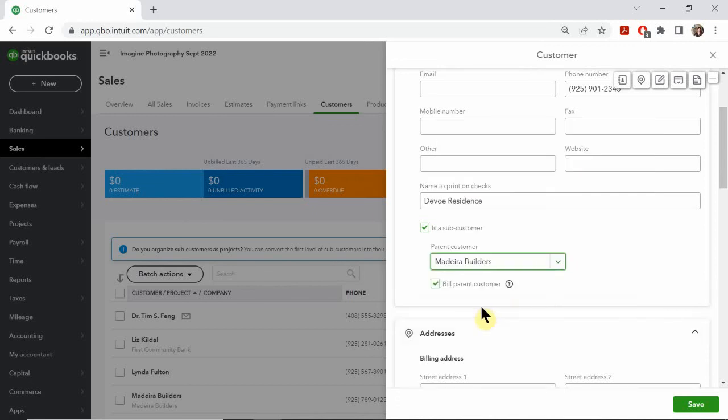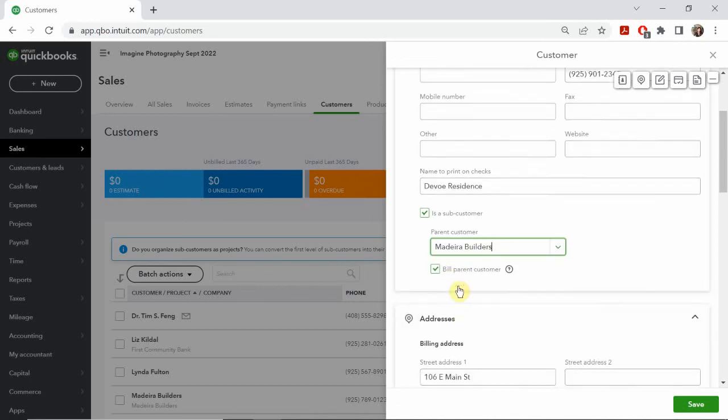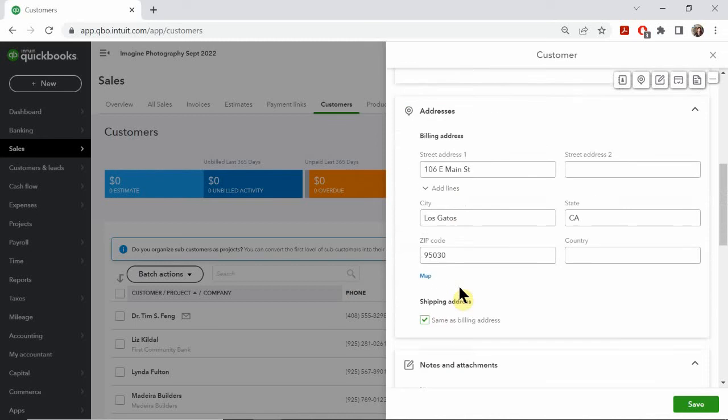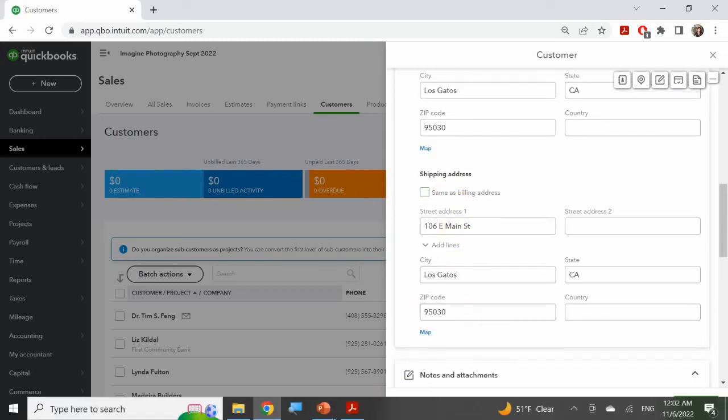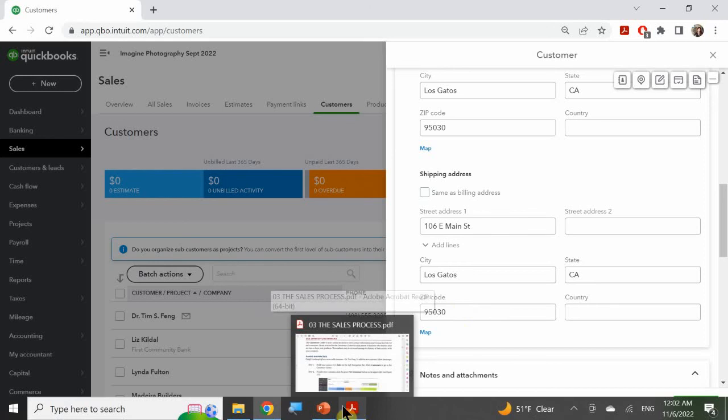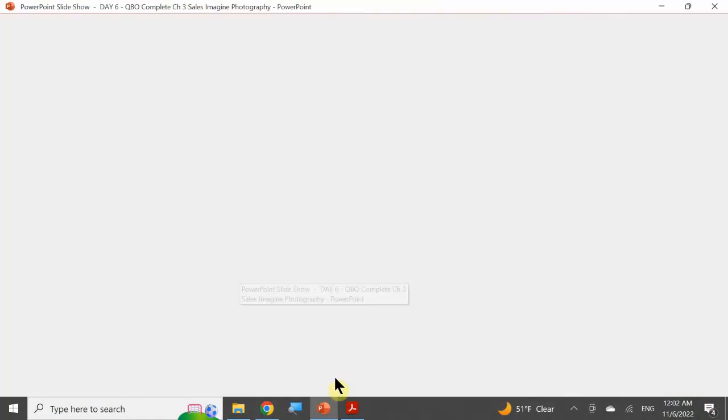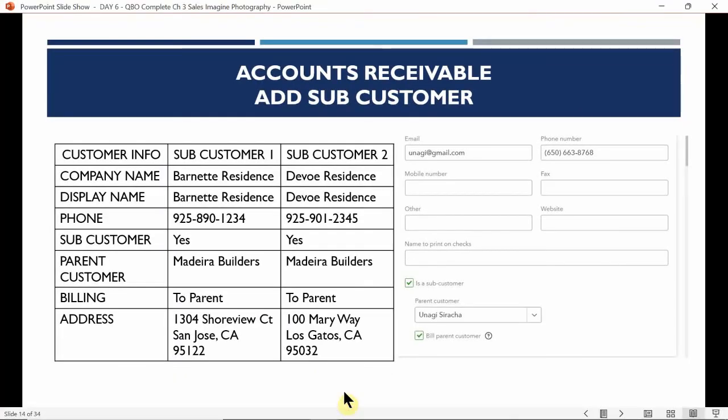And you're going to bill them. Yes. So here's your billing address, but your shipping address is going to be different, right? The DeVoe residence is going to be 100 Mary Way, Los Gatos, 95032.